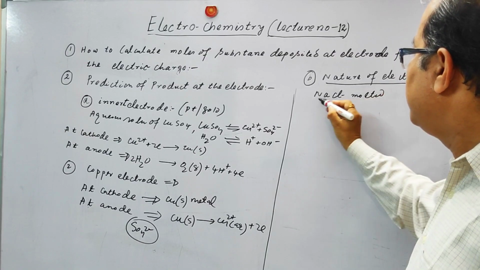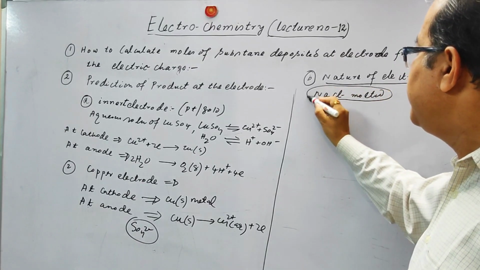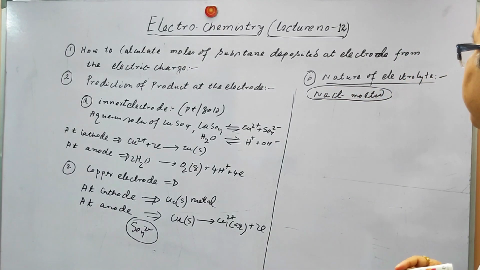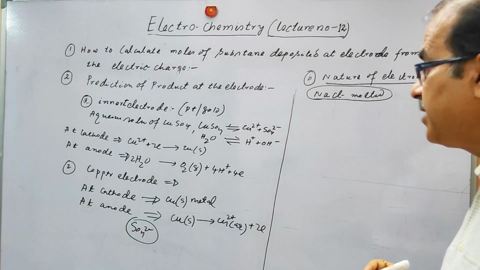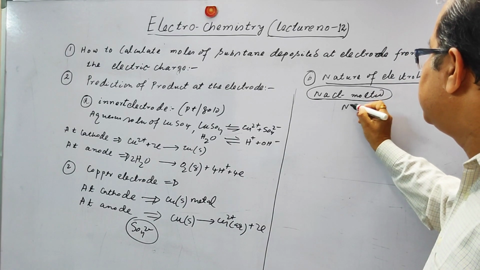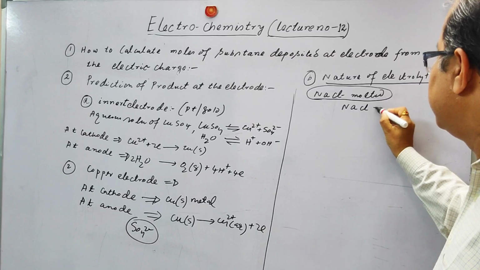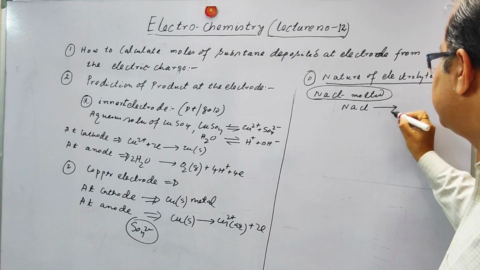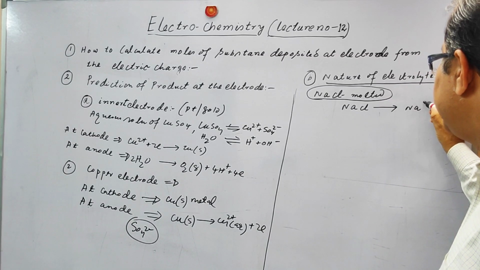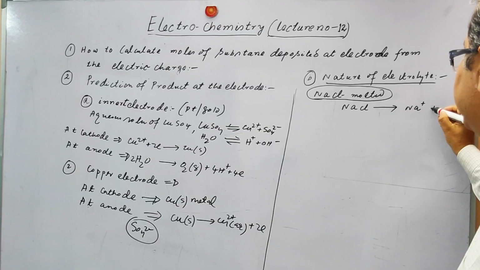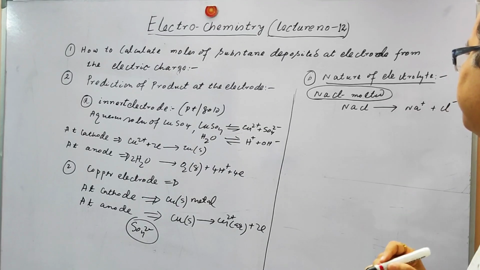When we electrolyze this molten NaCl, what is going to happen at the electrode? What will be the product? When molten NaCl is electrolyzed, it will be dissociated, and you will find Na+ and Cl- ions.